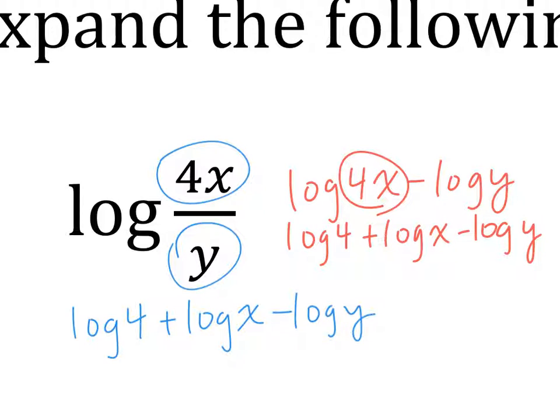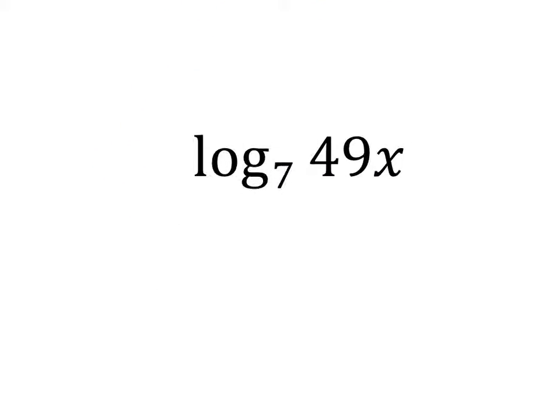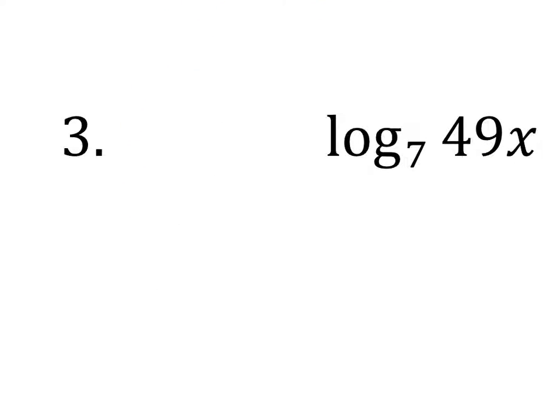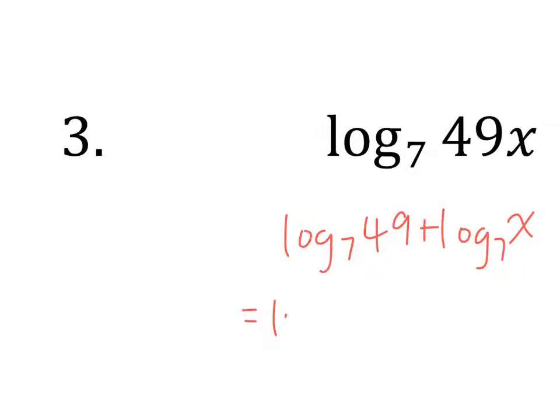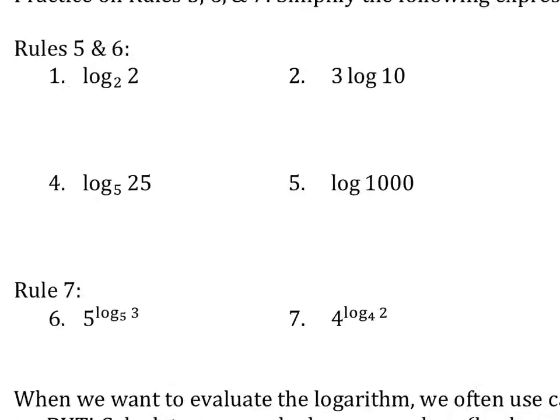All right, let's have you try one. And then we call it a day. Okay, number 3. Okay, and then you can go one more step. All right, so let's go ahead and look at these rules.